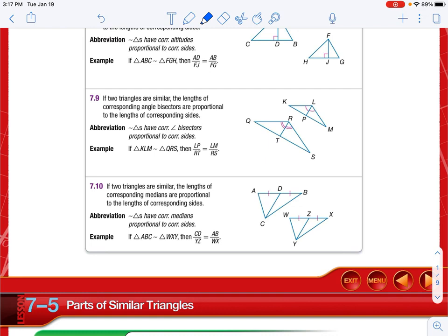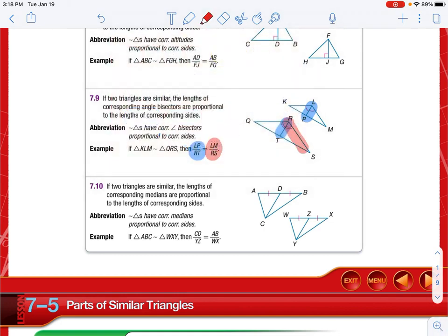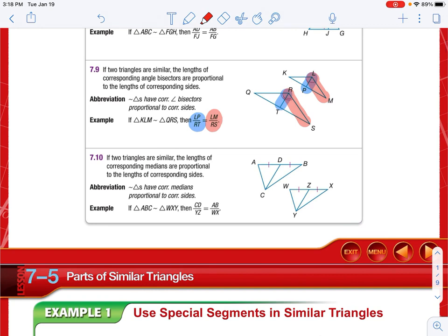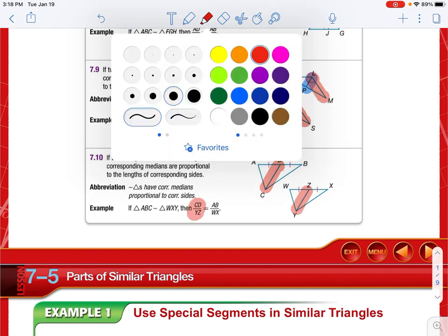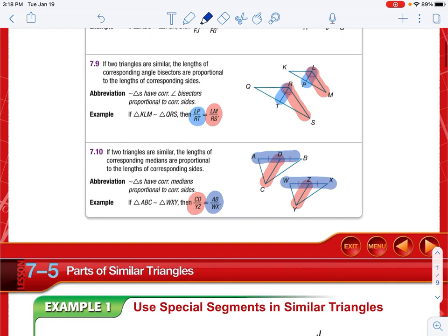So once again, if we have triangles that are similar, we can have the angle bisectors be put into a fraction, equaling that to any other pair of corresponding sides, and then you solve for what you're missing. And same thing goes for this next one. If you have a median, the length of the medians can be put into a fraction, and then you can use corresponding sides to set up and solve.